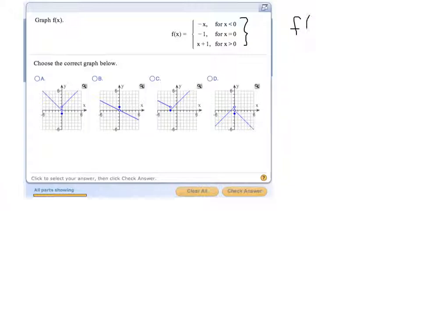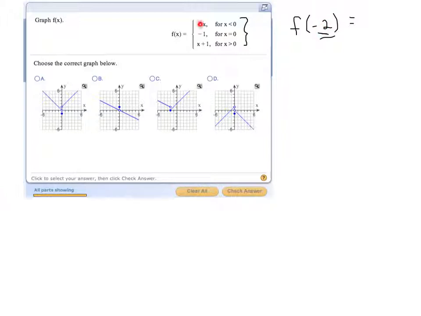If we were to plot f of -2, say, remember we first take this value of x, -2, and we ask ourselves which of these criteria is true when x is -2. And the answer is the first one. The first one says x is less than 0, and that is true if x is -2.